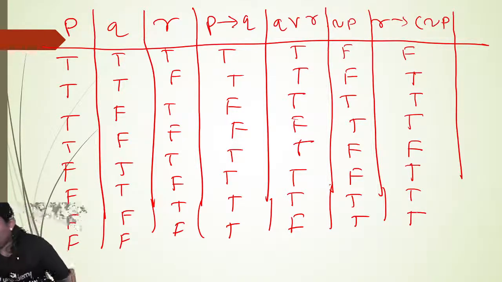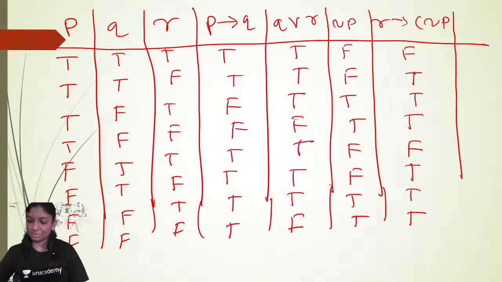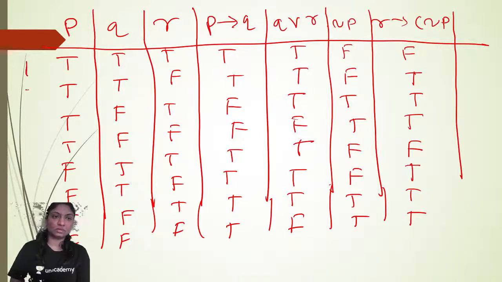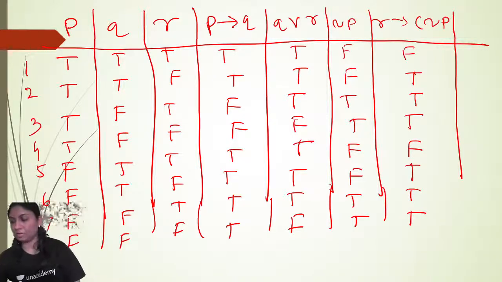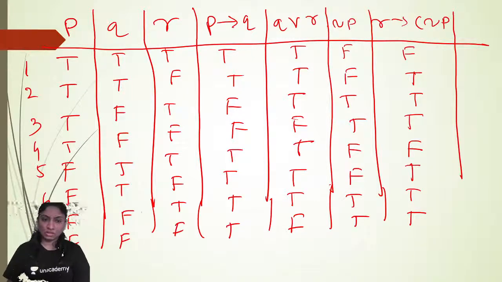Now, here you can see the rows in which our premises are true, and the premises are true, but the conclusion is false. Thus, the argument is not valid. Observe the rows, 1 through 8.